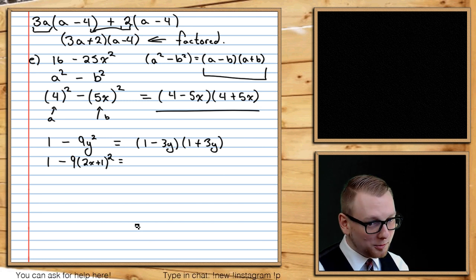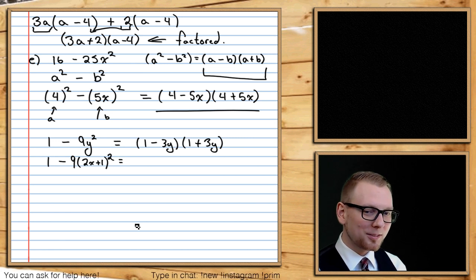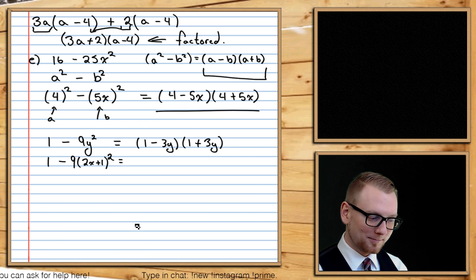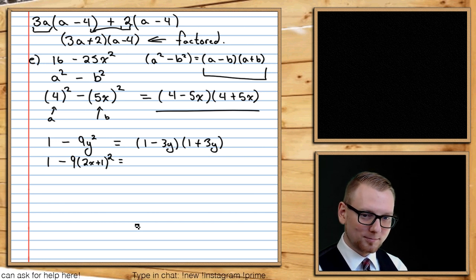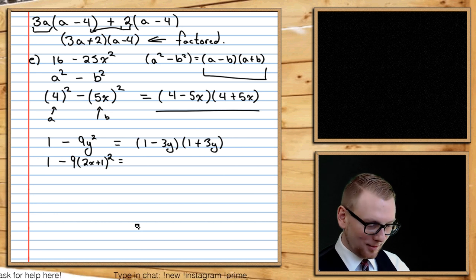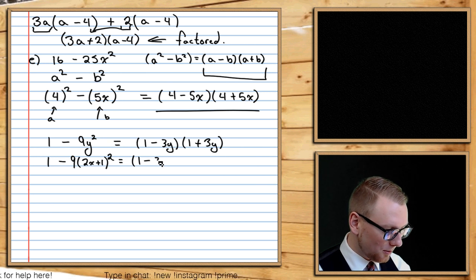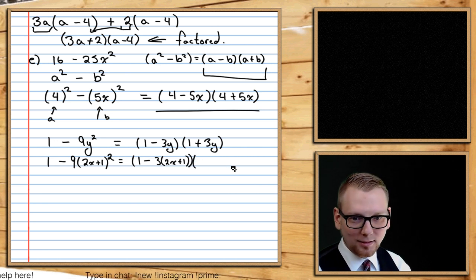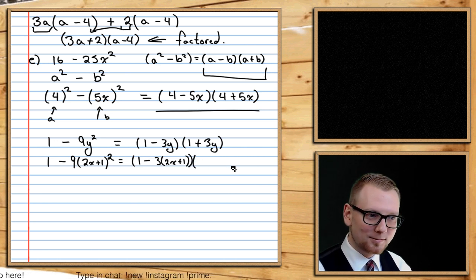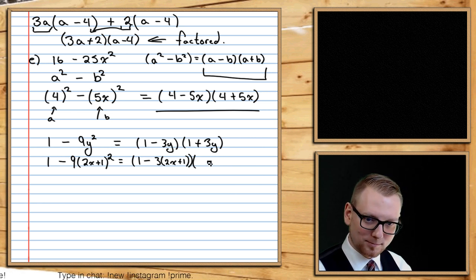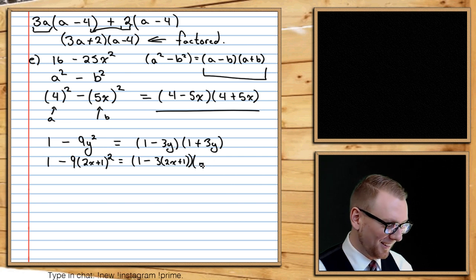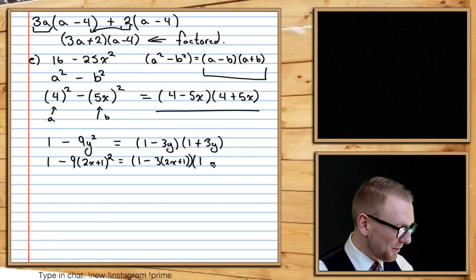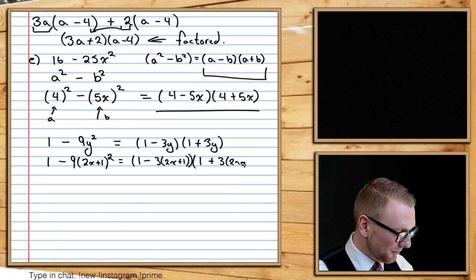Now, don't simplify, just tell me what to write first. Yeah, 1 minus 3 times 2x plus 1. And then you've got the 1 plus the 3 times the 2x plus 1.